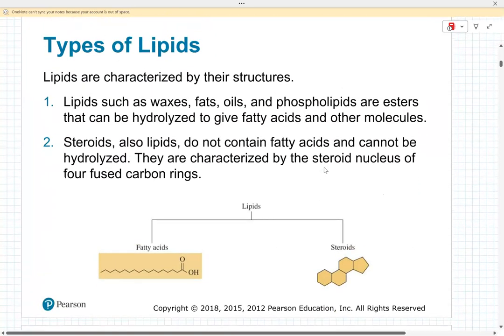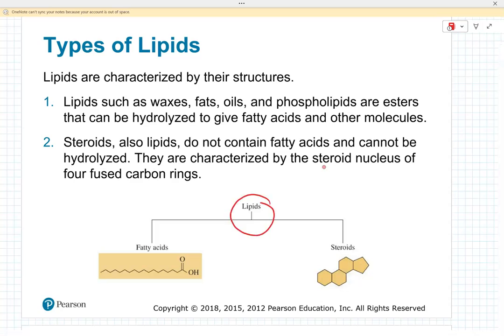So conceptually, on the large scale, lipids can be based off of fatty acids. That's one big category. That category includes triglycerides, fats and oils, phospholipids, waxes, and steroids. You see, the structures are completely different.